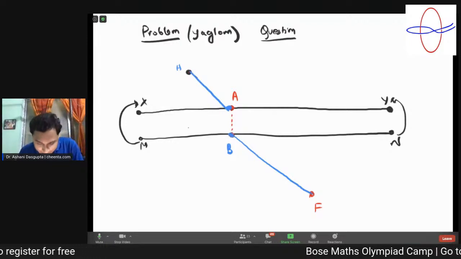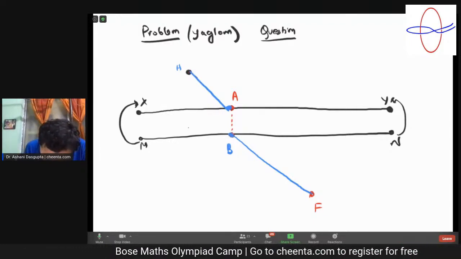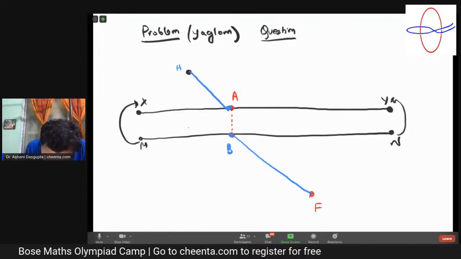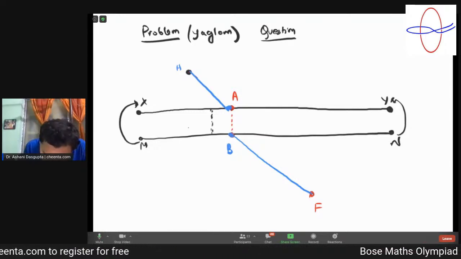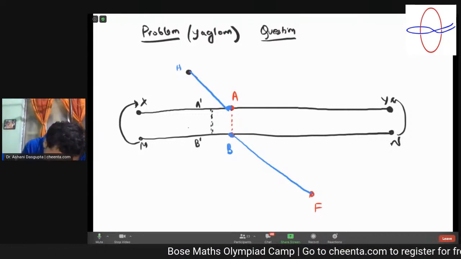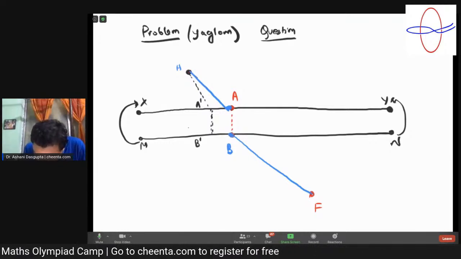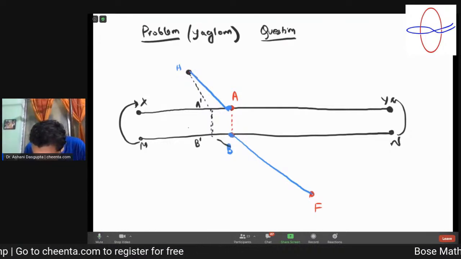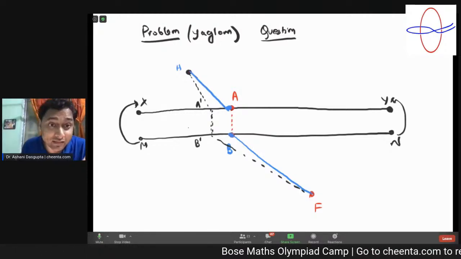So let's make another path. Let's take another arbitrary bridge, A prime, B prime. Let's join H A prime and B prime F. So we want to show that this is a longer path.